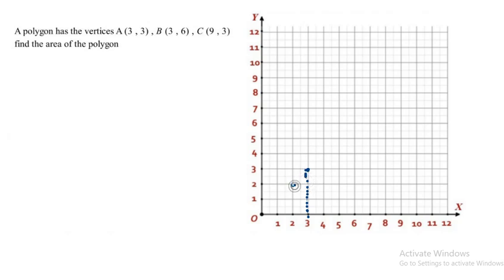This is point A. Point B 3 and 6, building 3, floor number 6. Point C 9 and 3, building 9, floor number 3. It's point C.